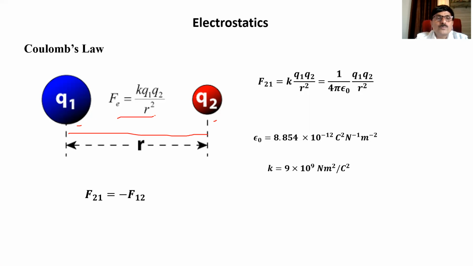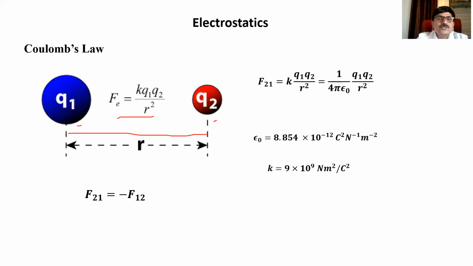And taking the constant of proportionality k, we can write the force equation as F is equal to k into q1 q2 divided by r square. The constant of proportionality k has a value which has been universally accepted. It is 1 upon 4 pi epsilon 0, and epsilon 0 is the permittivity of free space.